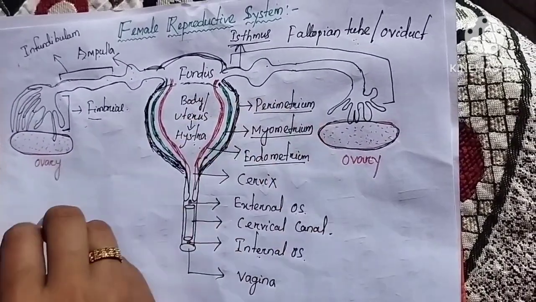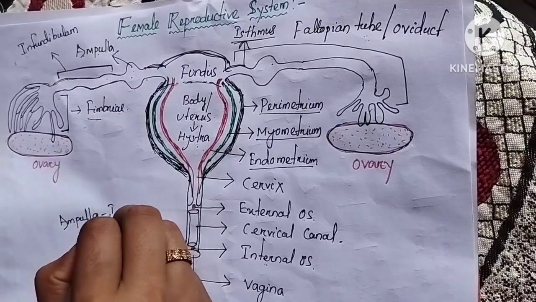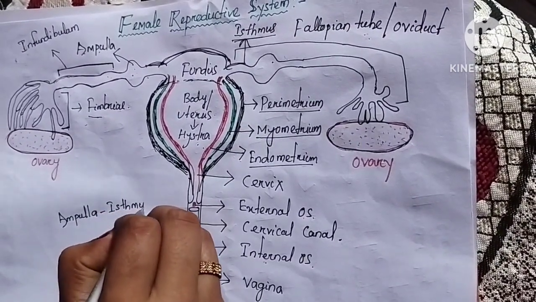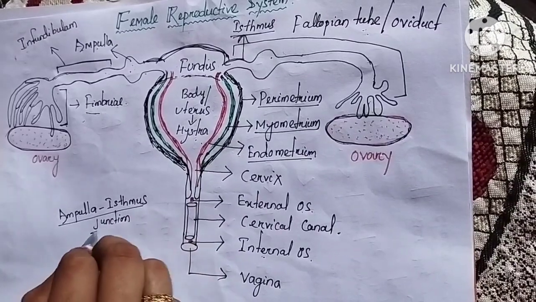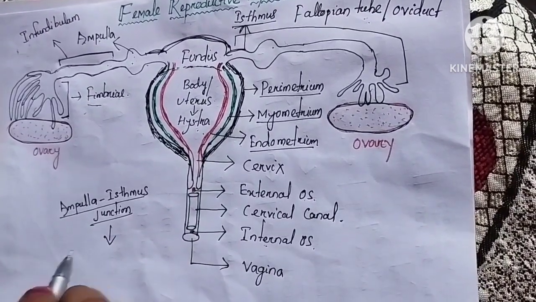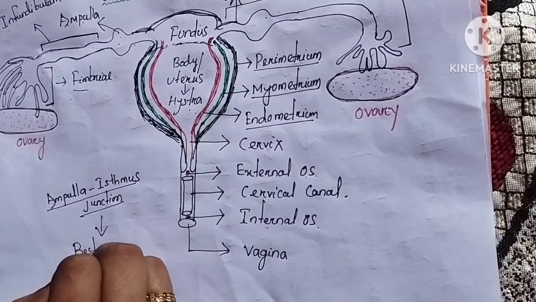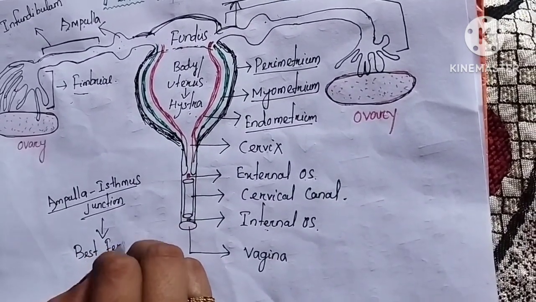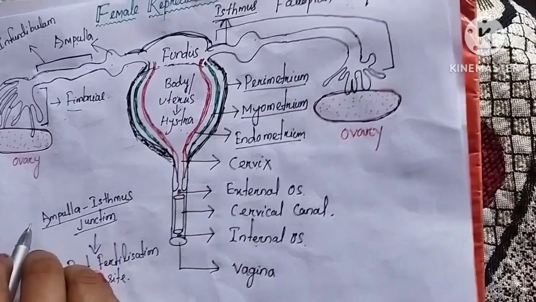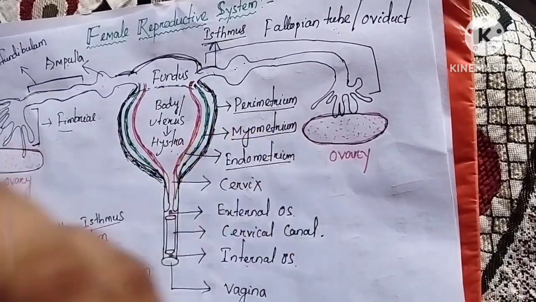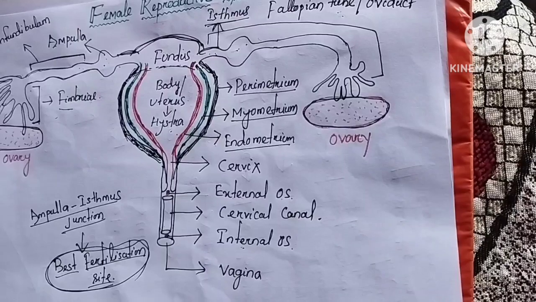The ampulla-isthmus junction is called the best fertilization site.